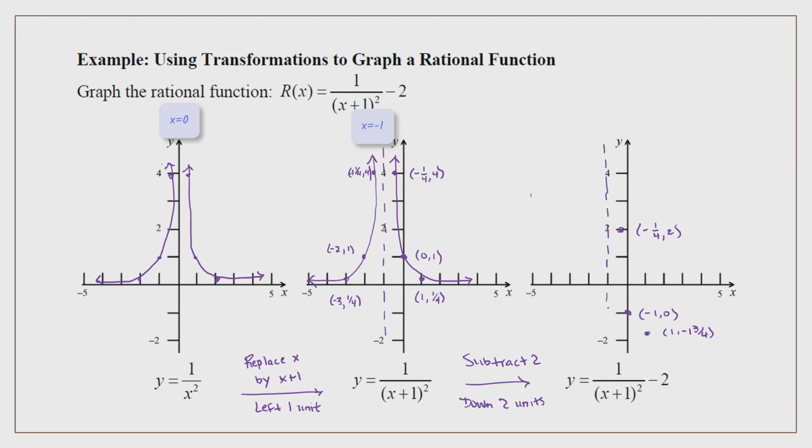It hasn't moved because we did not affect our x coordinate in this transformation. So it's still at negative 1. Now we can do the same thing on the left side. We would have to subtract 2 from all of the y coordinates on that side as well, noting that the x coordinates will stay the same.